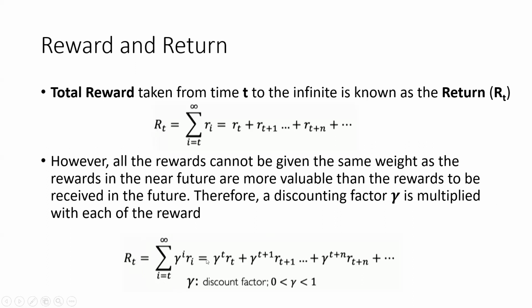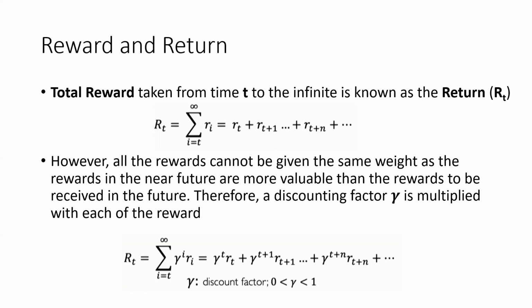That means you have to multiply the discount factor, right, with the reward at that particular time step. From that time step to the end of the process, you have to get the sum of these discounted rewards, which is known as the return of this particular action that you have taken in the given state.